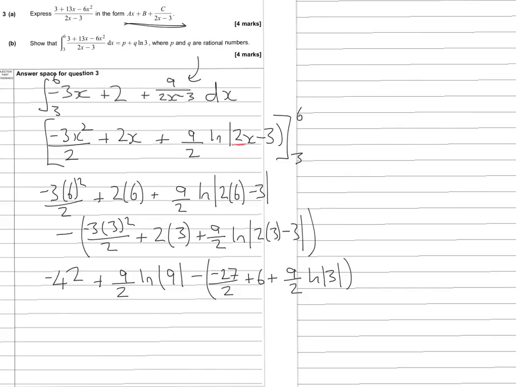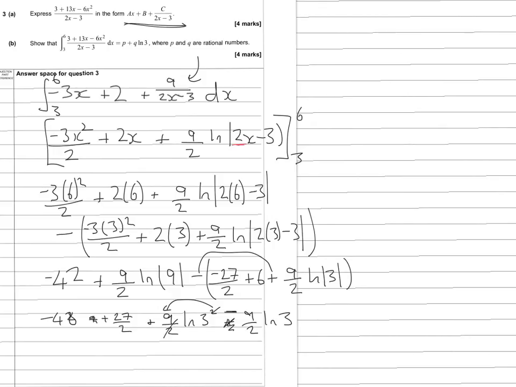So we get negative 42, minus 6, so that's going to be negative 48, plus 27 over 2, plus 9 over 2 ln 3 squared, minus 9 over 2 ln 3, so that 2 is going to come out the front here, cancel out that 2 there, and that should not be a plus, it should be a minus, because of that minus there.